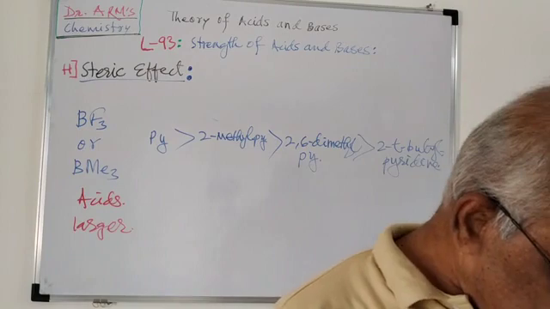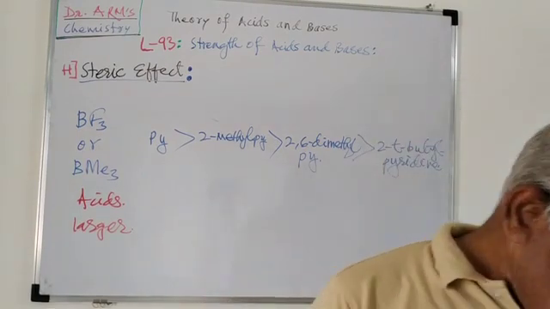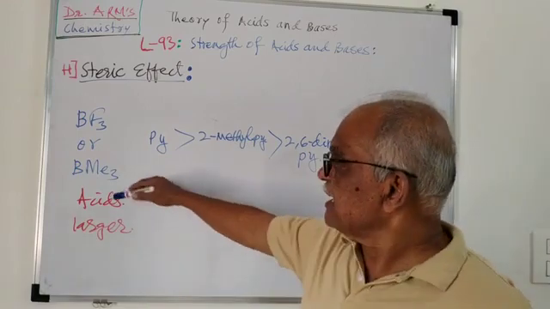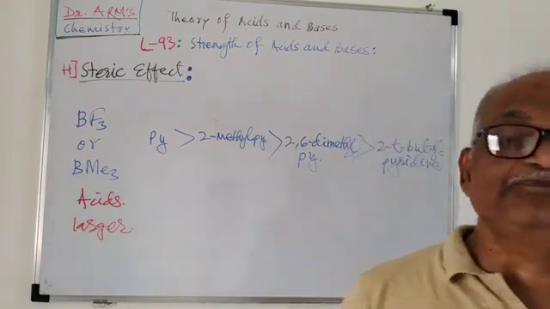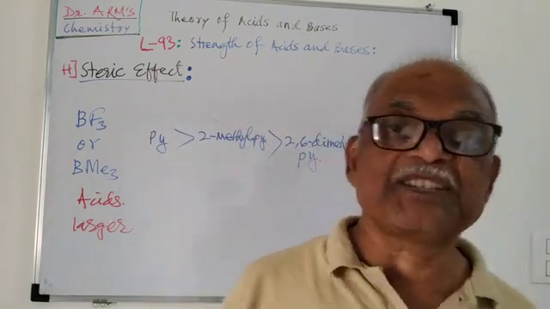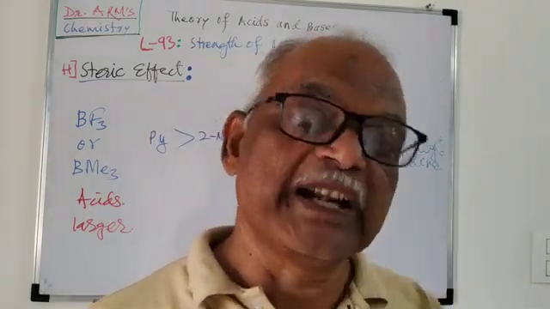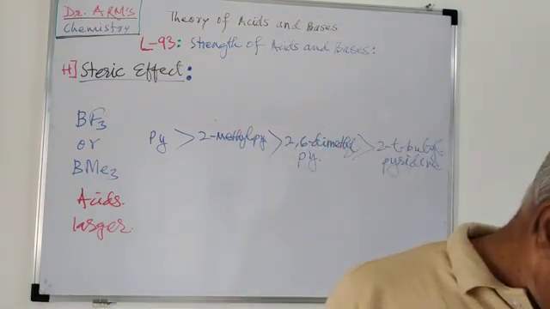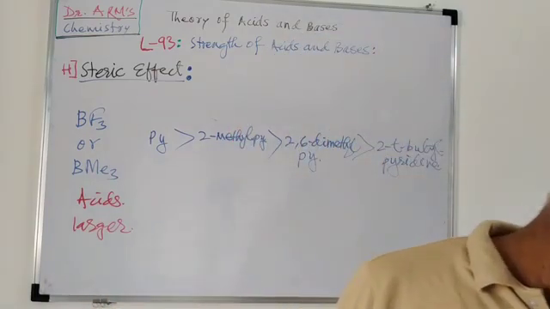Now here we will also see the larger species like iodine. Compared to fluorine, iodine is larger. Again, there are other groups which are also larger in size.